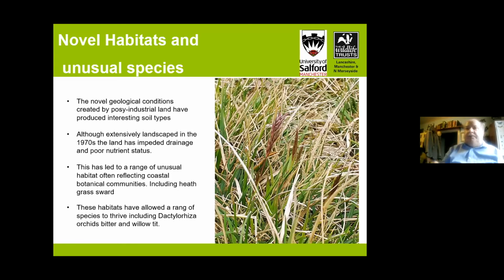We've got a range of species living there, including dactylorhiza orchids, and they've adapted to this strange landscape that's really full of these novel soil types, because they can hybridize, and the hybrids do well on these habitats. We're in the zone of hybridization between the northern and southern marsh orchids. We're one of the few places in the entire world where this occurs.